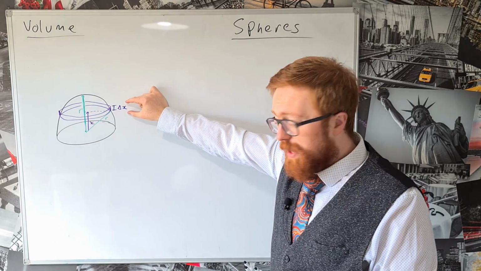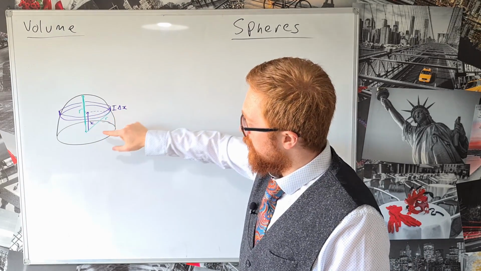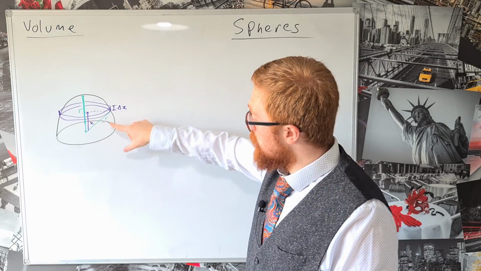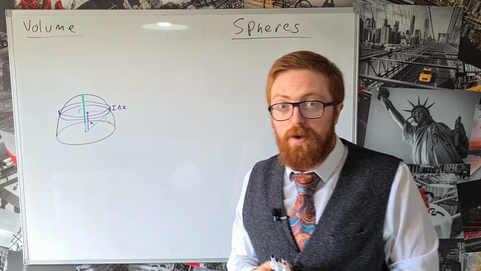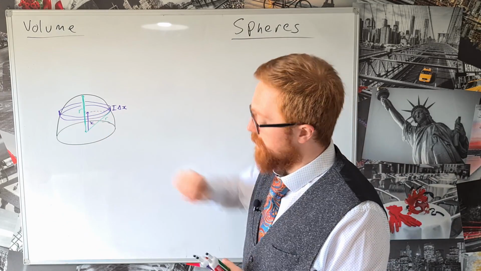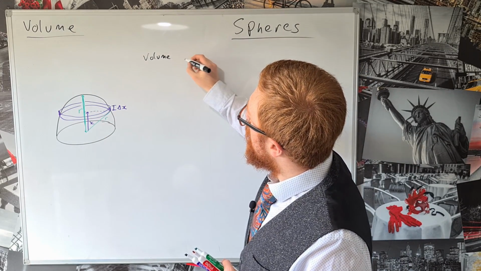And we're going to call the width of the disc delta x because it's in the x direction. As we make that thinner, it's going to have an effect on how many x's we need to do. But given all that information, we should be able to work out what the volume of this disc is. So let's work out the volume of the disc.